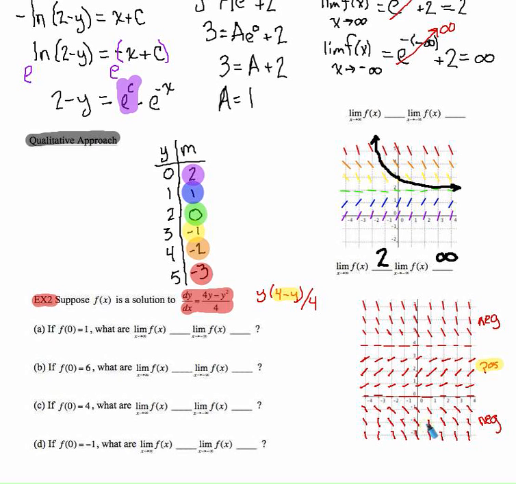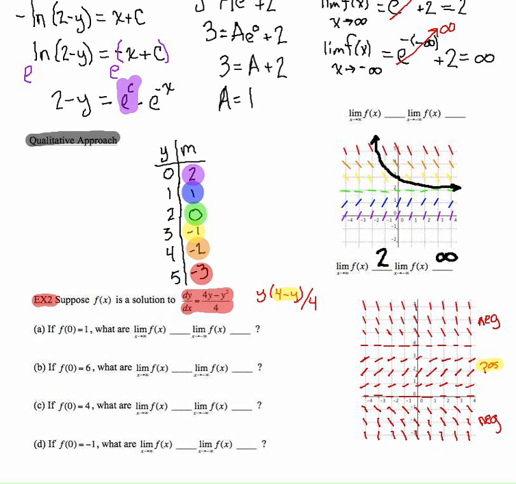And then finally, down here, when y is negative 1, negative 2, negative 3, our slopes again are negative. They're negative because this part of the differential ends up being negative, this part ends up being positive, and again, as you get further away from 0, the slopes end up getting more and more negative.